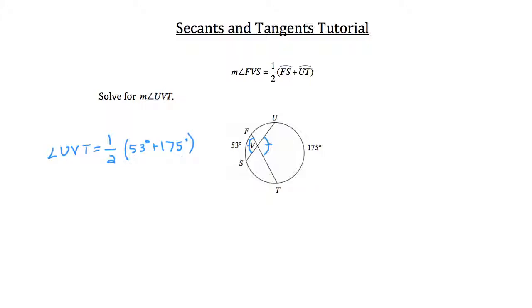So angle UVT is equal to 1/2 of 228 degrees. And half of 228 degrees is 114 degrees. So 114 degrees is equal to angle UVT.